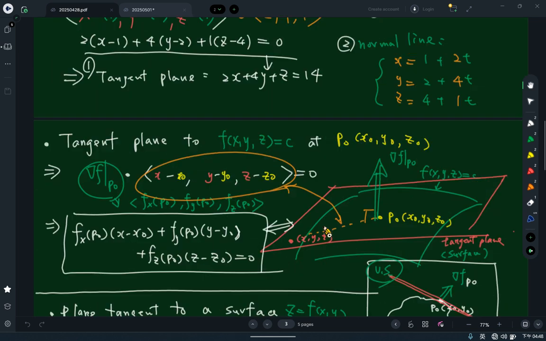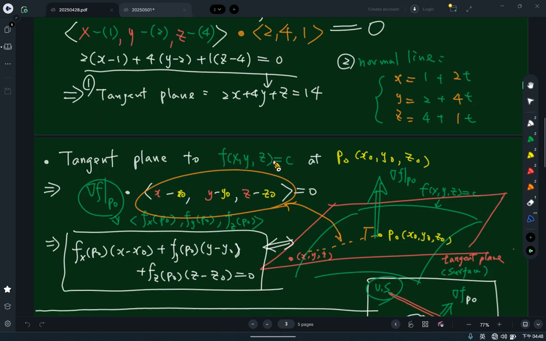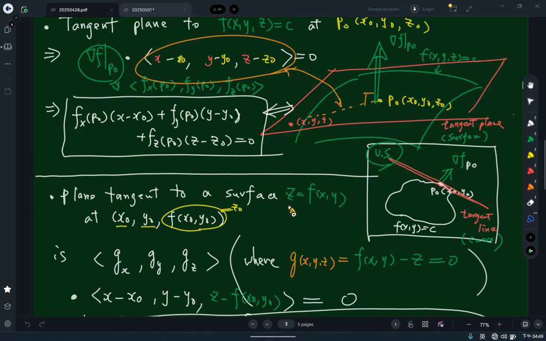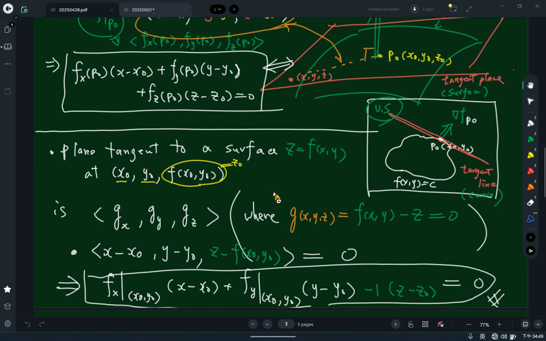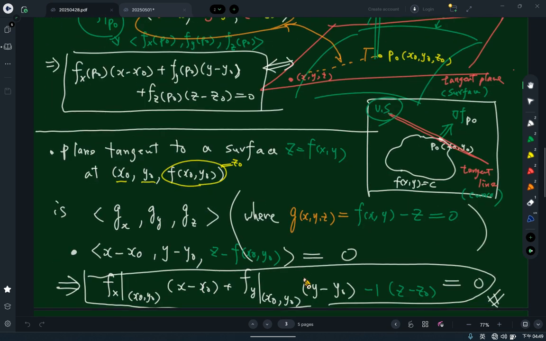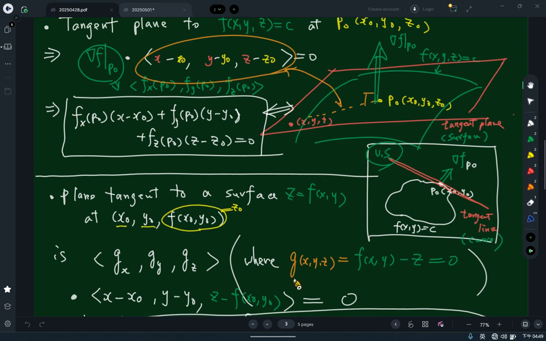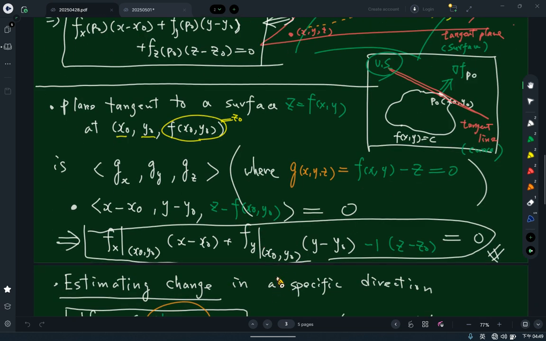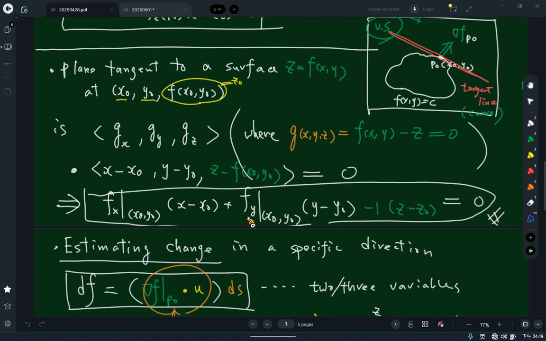In the first form, it may look like blah x plus blah y plus blah z is equal to c, but for the second one, it is explicitly represented as z is equal to f of x y. No matter which one, you can follow the same idea to get the gradient vector. Then the gradient vector is the normal vector for the tangent plane.